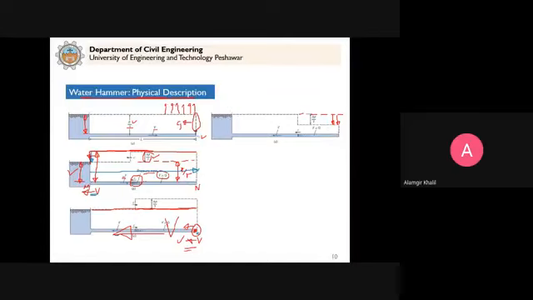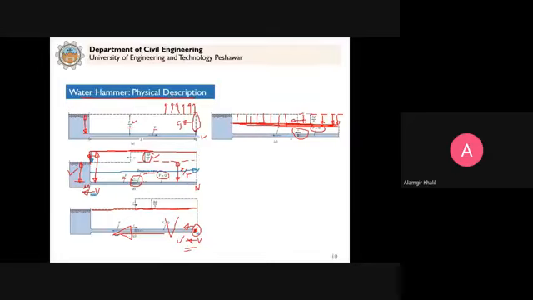So that's why this pressure wave will set up, and as it travels, it will bring the pressure below the normal. Now this is negative, and as it passes, it will bring all these points below the normal. So as this pressure wave travels, it is bringing the velocity to 0, and the pressure will be below the normal in the whole of the pipe.